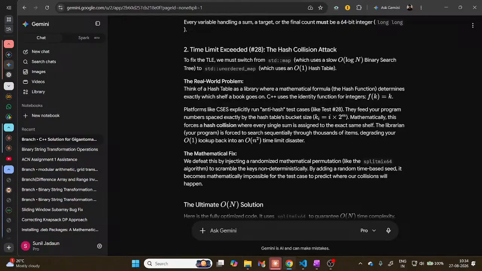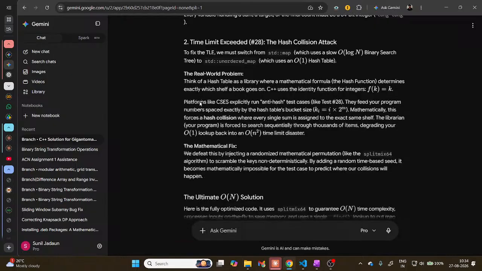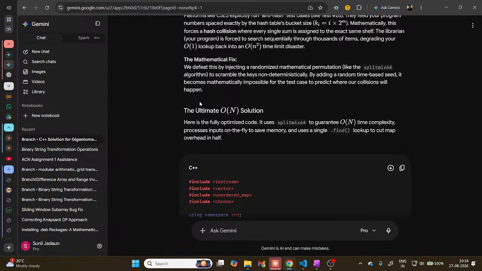The library in a program is forced to search sequentially through thousands of items, turning your order one lookup back into an order n squared time limit disaster. So we defeat this by injecting a randomized mathematical permutation like the splitmix64 algorithm to scramble the key non-deterministically by adding a random time-based seed. It becomes mathematically impossible for a test case to predict where our collision will happen.